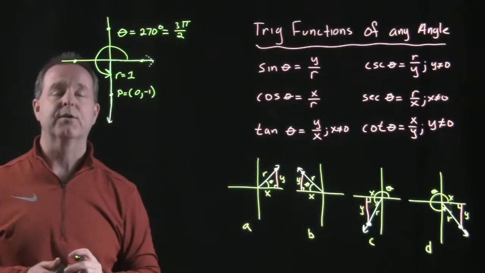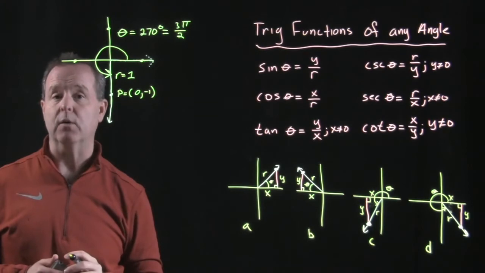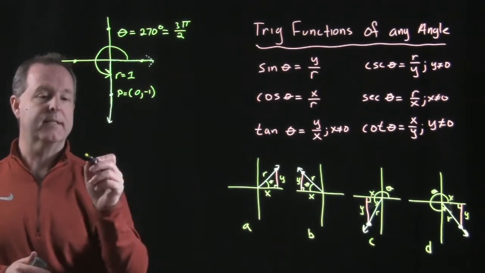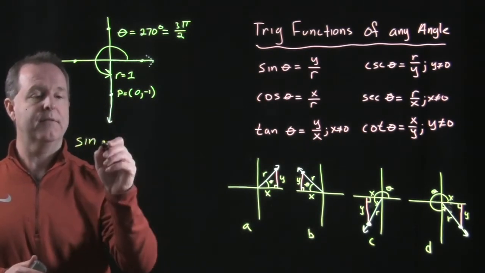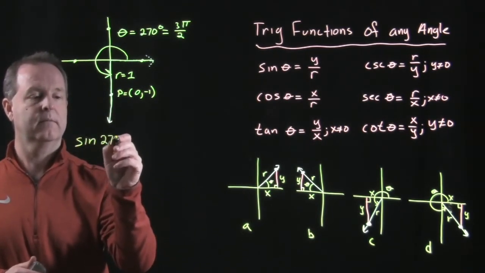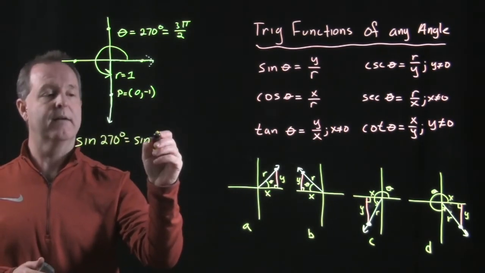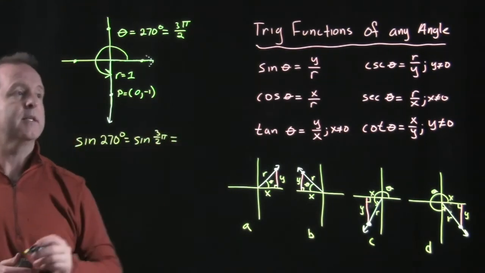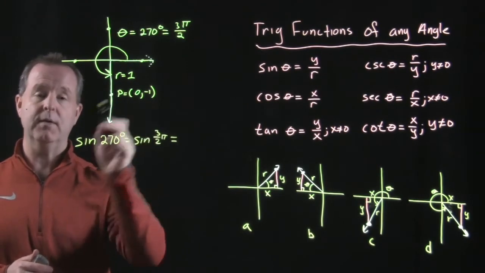And the last quadrantal angle that we want to look at is where the angle is swept out by 270 degrees, or 3/2 pi radian. So the sine, again, as an example of just looking at one of those, the sine of 270 degrees also equals the sine of 3/2 pi radians is my y over my r value. My point that I chose is a point 0, -1.